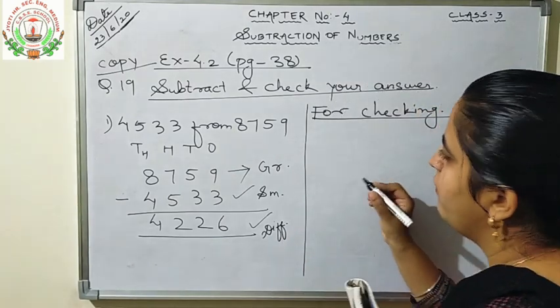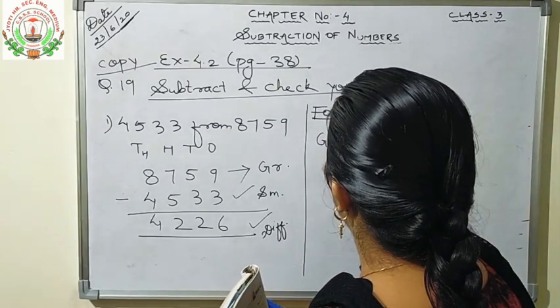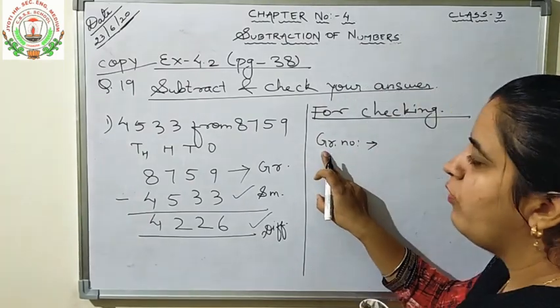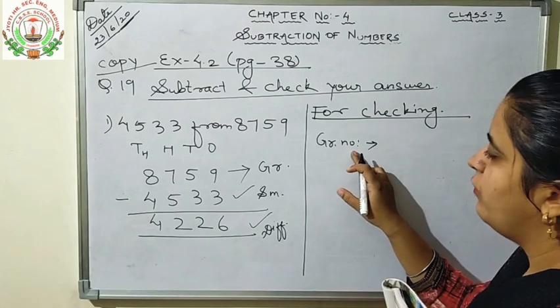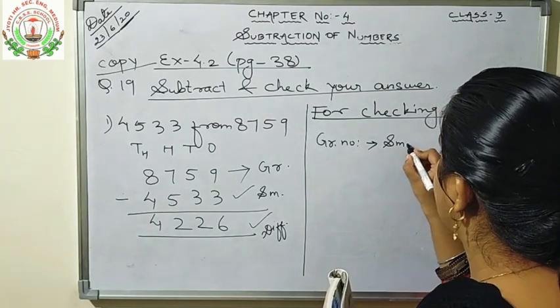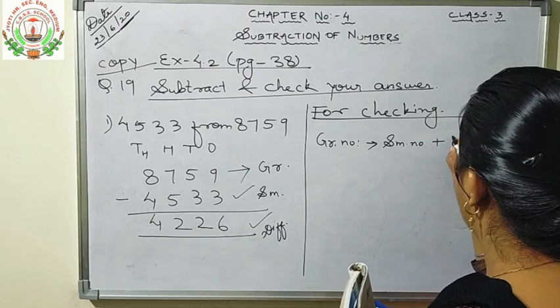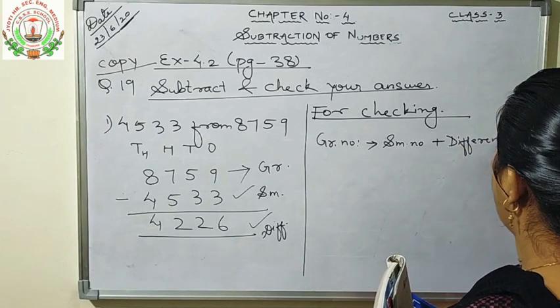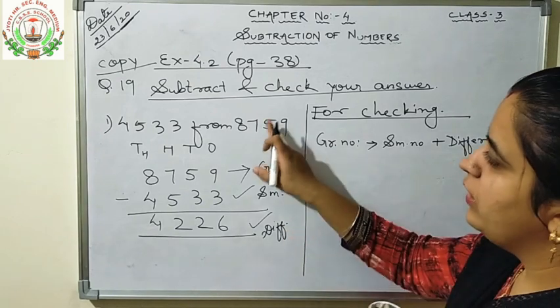So for checking, I am writing the short form. GR is the short form for greater, NO is the short form of number. Greater number is equals to smaller number plus difference. Let's see. What is the greater number?